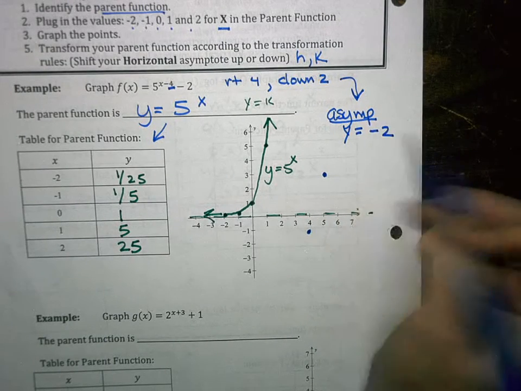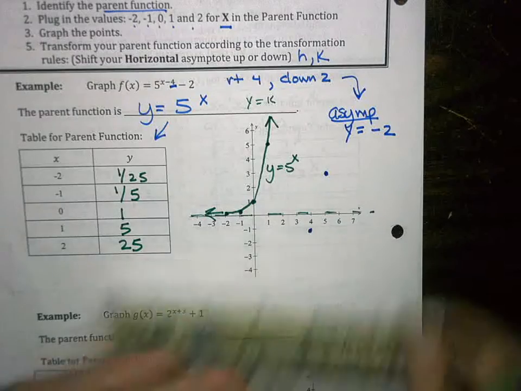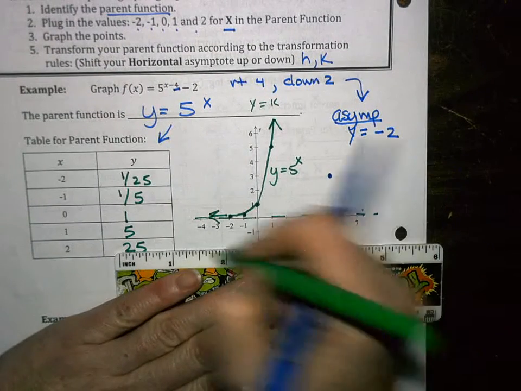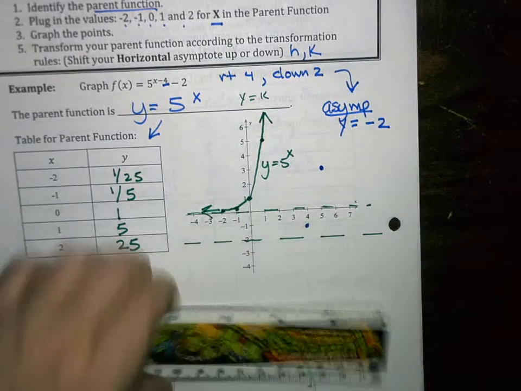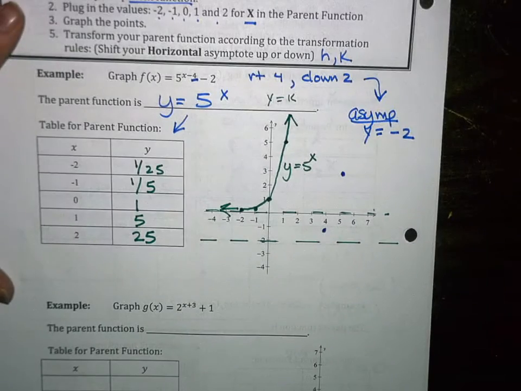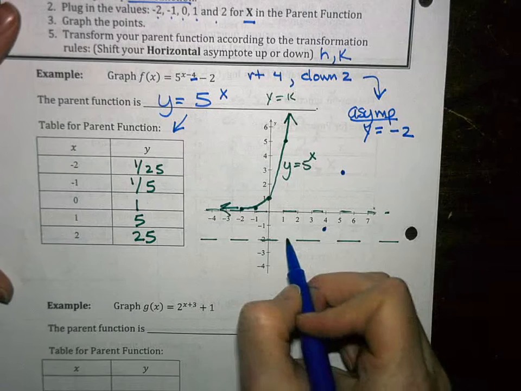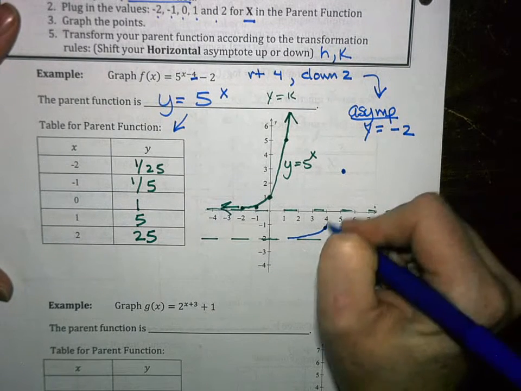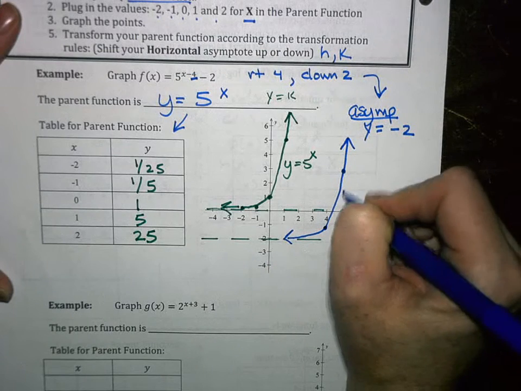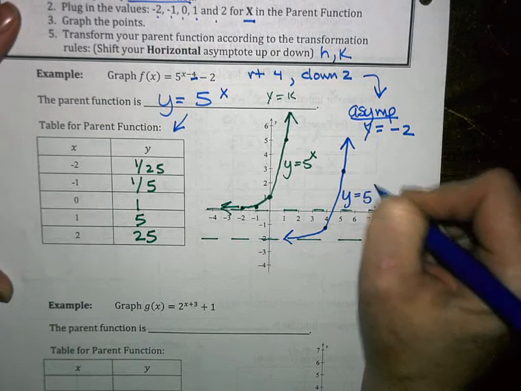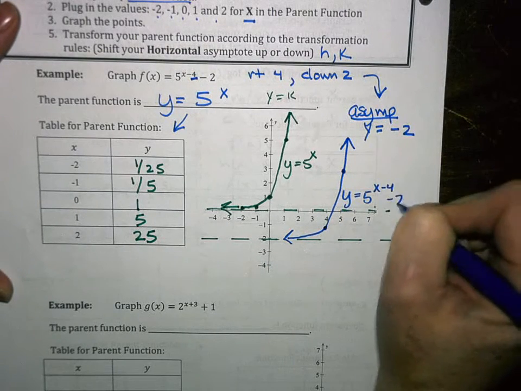Negative 2. So let's graph y equals negative 2 first. Now, with 2 points and an asymptote, I can easily graph my function. So this function is y equals 5 to the x minus 4 minus 2.